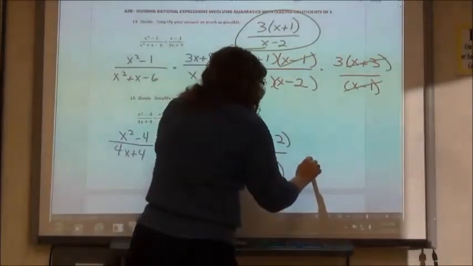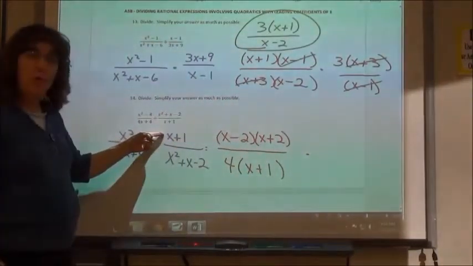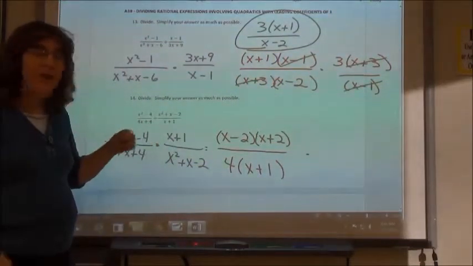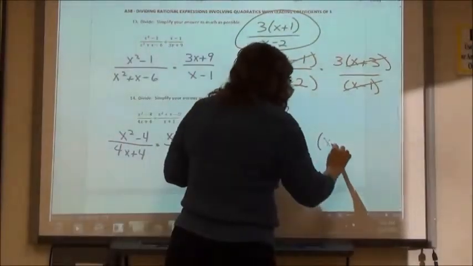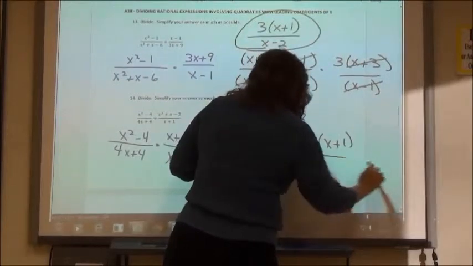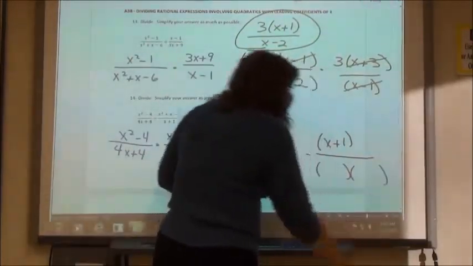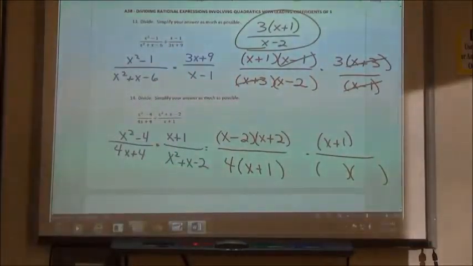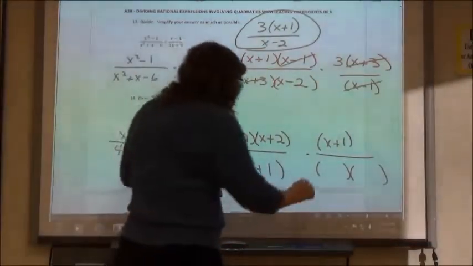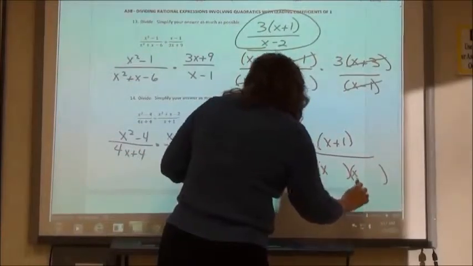Top of the next fraction. Doesn't have a squared, doesn't have a greatest common factor. Got to leave it alone. x plus 1. Bottom, that has a squared, we know it's going to use the two sets of parentheses, right? So x and x, my signs.